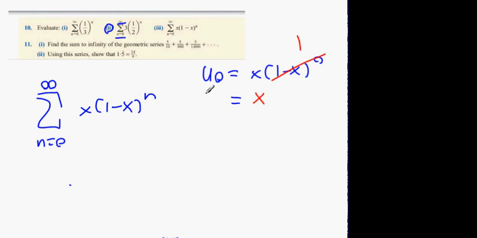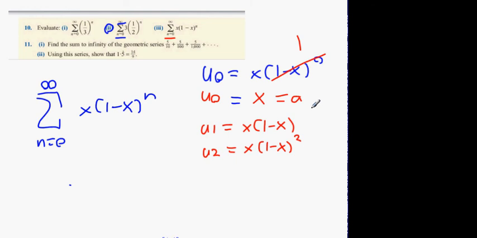So U0 is x, that's the first term, and that's A, because n equals 0 is the first term. U1 is the second term, so to speak, and that's going to be x times 1 minus x. The third term, which is technically U2, is going to be x times 1 minus x squared. So we can see it gets multiplied by 1 minus x each time. So the R value is 1 minus x, and the A value is x itself.